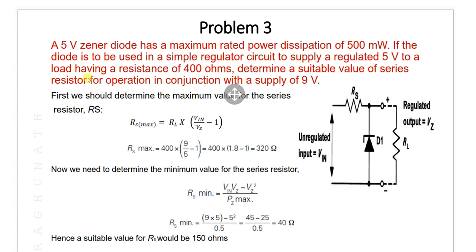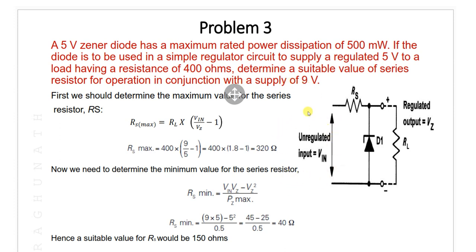Problem number 3 is the Zener diode. A 5 volt Zener diode has a maximum power dissipation rating of 500 milliwatts. If the diode is to be used in a simple regulator circuit to supply a regulated 5 volts to a load having a resistance of 400 ohms, determine suitable values of series resistor in conjunction with a supply of 9 volts.